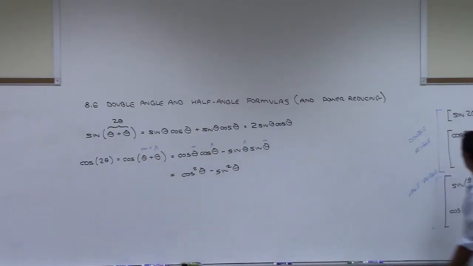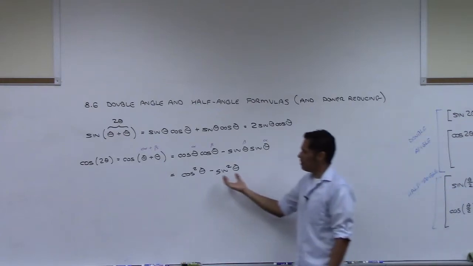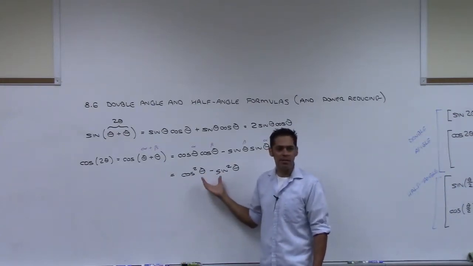Now, notice over in the formulas for cosine of 2 theta, I have this, and then I also have this and this. There are 3 equivalent expressions. They're all the same. With sine 2 theta, there's only 1, right? But with this one, there's 3 of them. Well, why are there 3 of them? It's because you can mess around with this a little bit and make it look like something else.